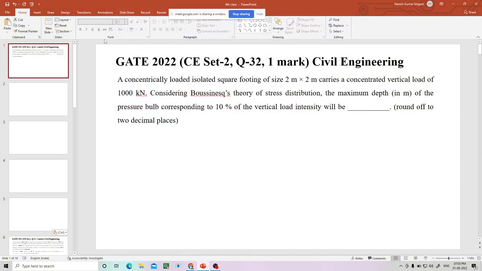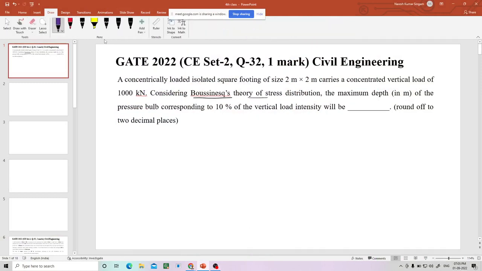In the last class, we have already discussed the Boussinesq theory. We discussed the assumptions, the advantages of this theory, and the formulas. Before going through the other topics, we'll read the question first.